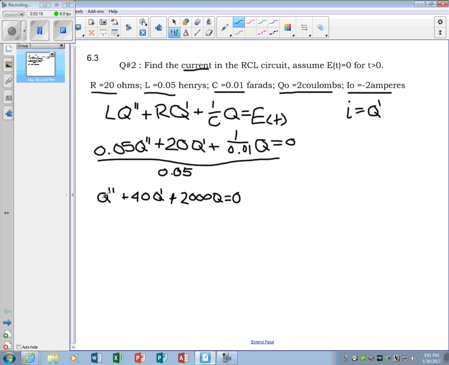Next we're going to simplify this so we can actually get our solutions. I like using r instead of m, so r squared plus 40r plus 2,000, again all equals 0.